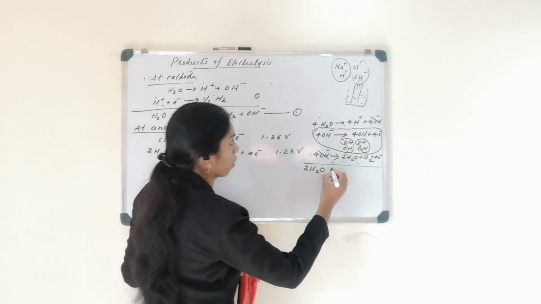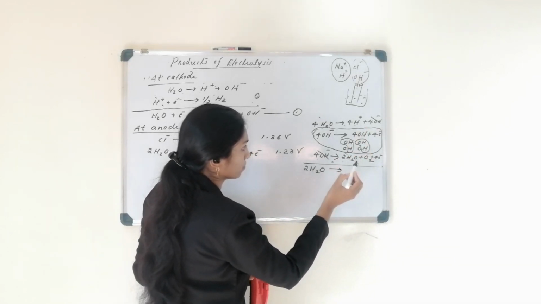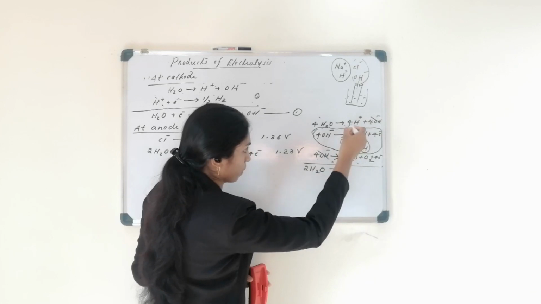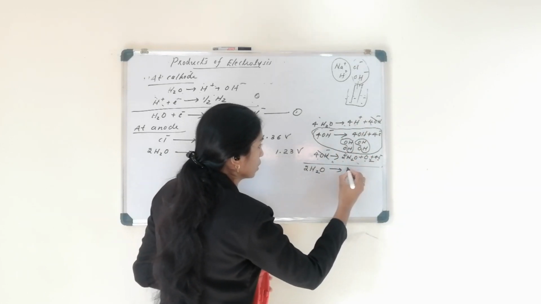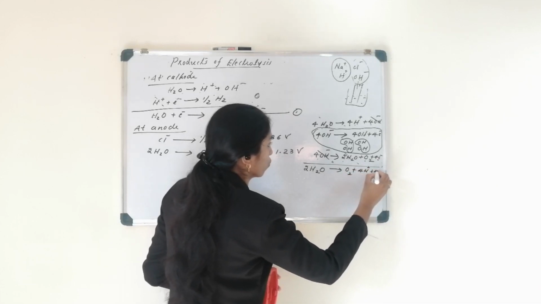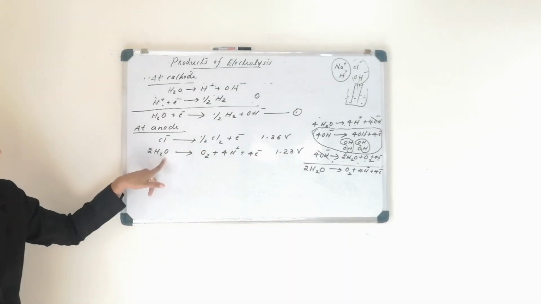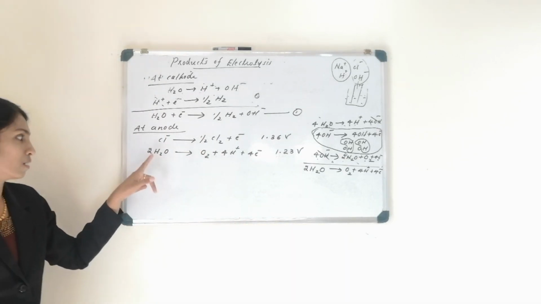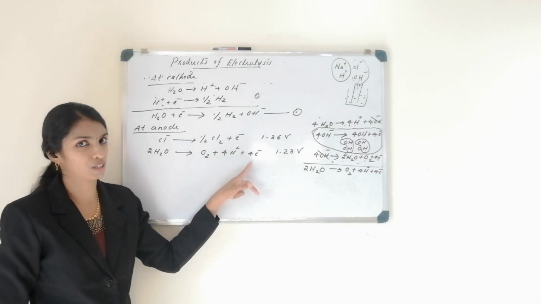So 2H2O gives, on the right hand side, 4H plus is there, O2 is there, 4 electrons are there. So O2 plus 4H plus 4 electron. So clear, this is our equation that occurs at anode. 2H2O gives O2 plus 4H plus 4 electron.